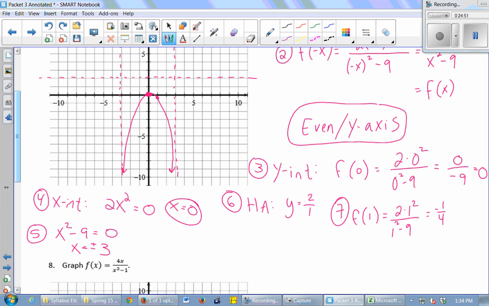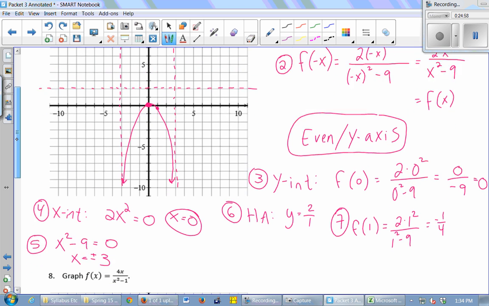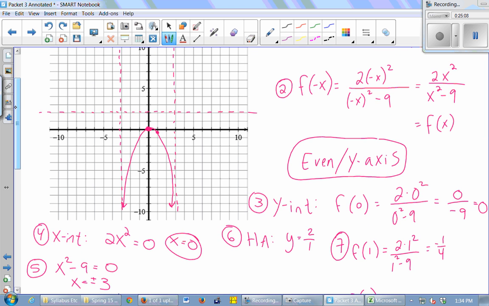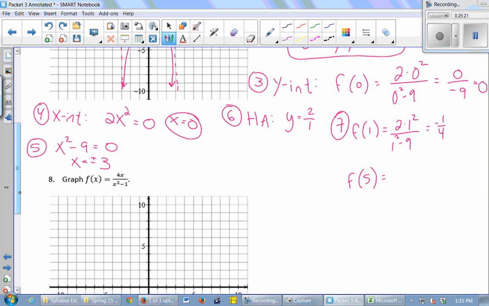All right, now I need to know what happens on either side of 3 and negative 3. So let's pick another number. Maybe we'll pick 5 and plug 5 into my function. So f of 5. Now I need to know what happens over here and over here. So I just picked an x value of 5, a random x value on the other side of 3. So I'm going to plug a 5 in, get a y value. So this is going to be 2 times 5 squared over 5 squared minus 9.